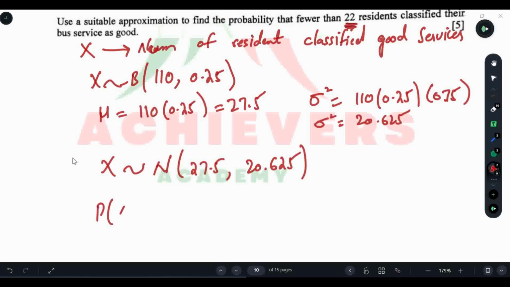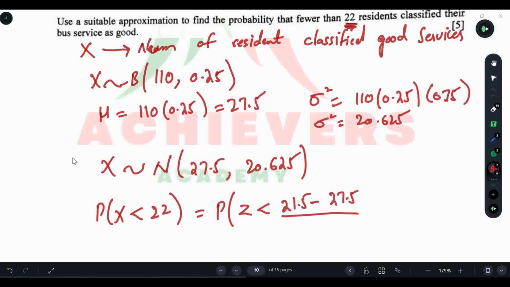Now it was given in the question: 22 fewer than means less than 22. This is equal to the probability of z less than (21.5 minus 27.5) divided by the square root of 20.625.